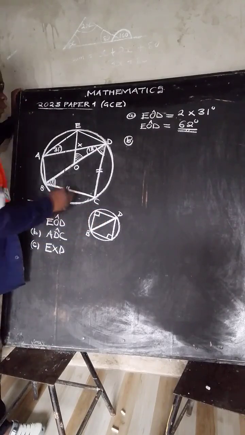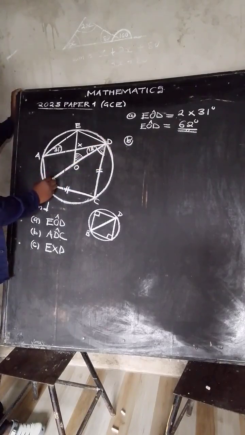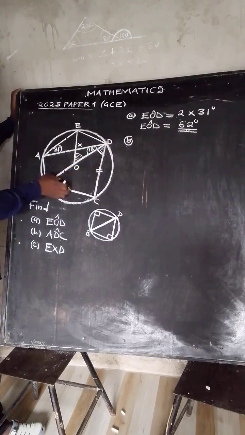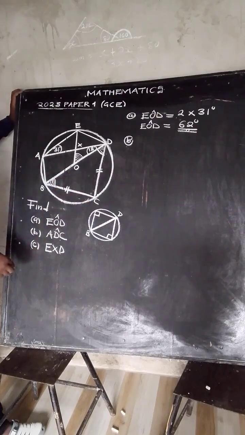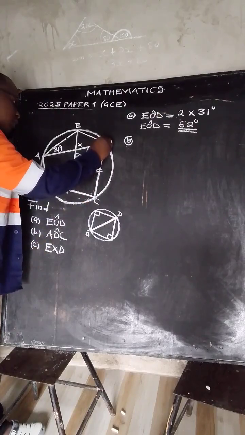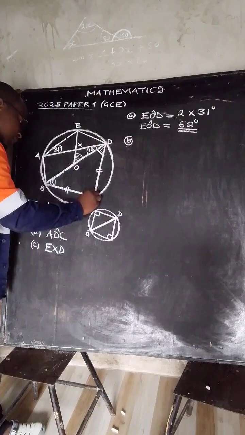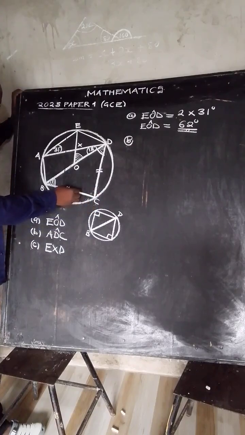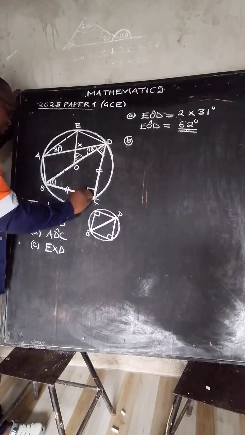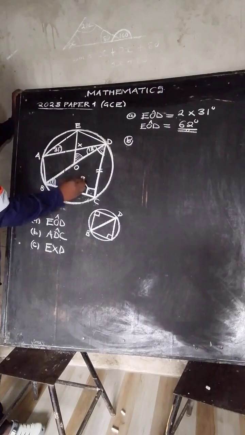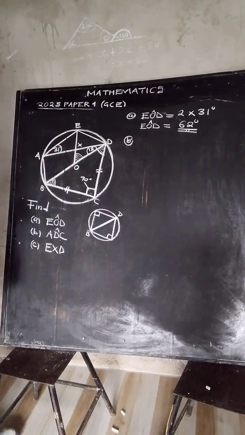So in our case, as we go from D to C and then to B along this semicircle, the angle formed is 90 degrees. So this angle is 90 degrees.